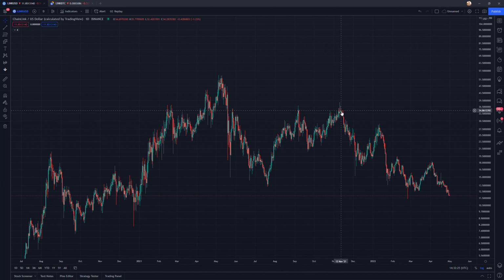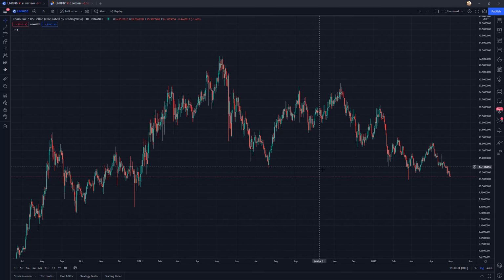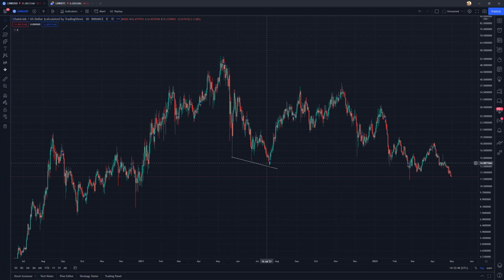So the resulting consequence is that we had a lower low made. If you remember, we had this major $30,000 level being tested in the summer of 2021, and that's when Link was forming these lower lows, and eventually when Bitcoin was like, all right, we're good, and went back up to new all-time highs, Link bounced with the rest of the market.